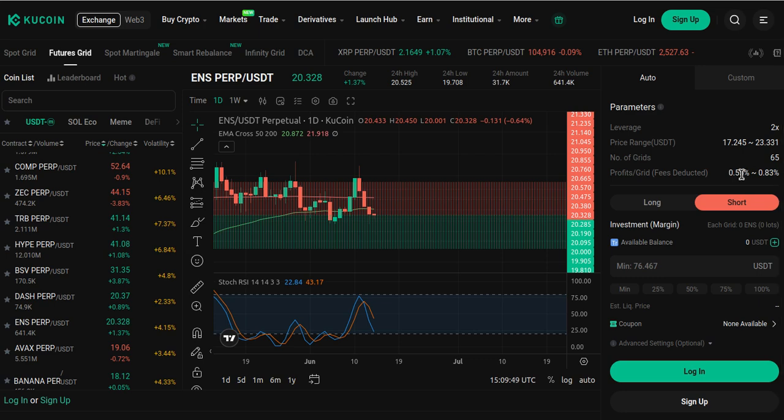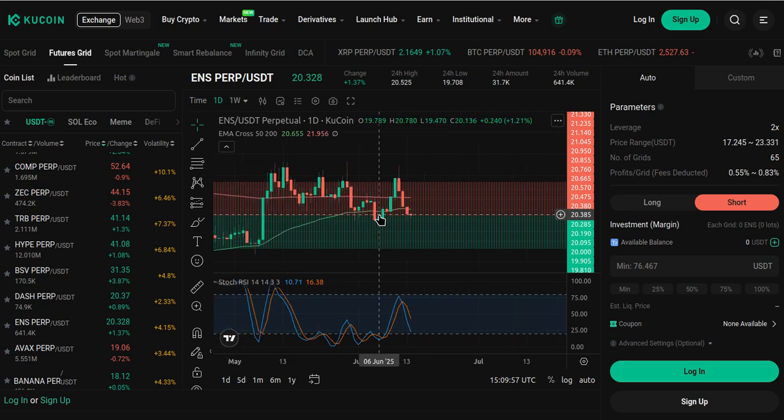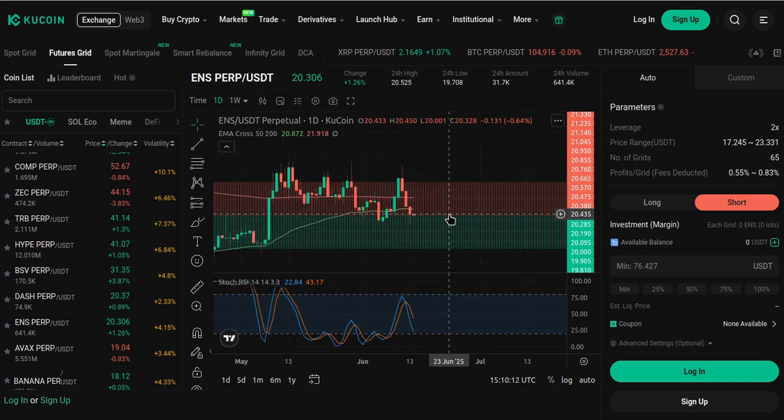So probably 5 times 3, so you would make about, give or take, 15% in a week, just for this trade alone. I should think about 15 percent.